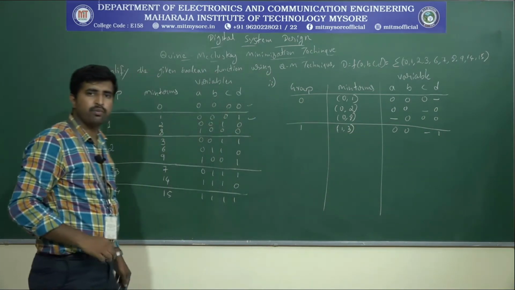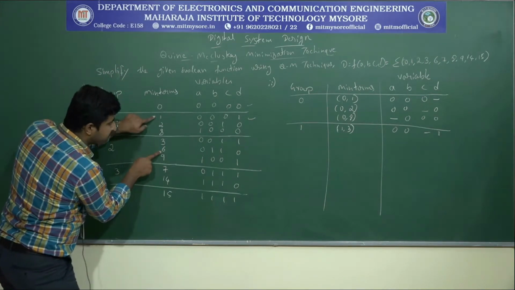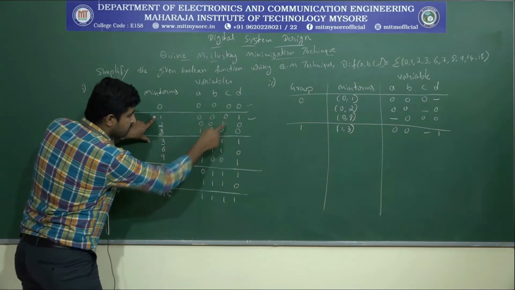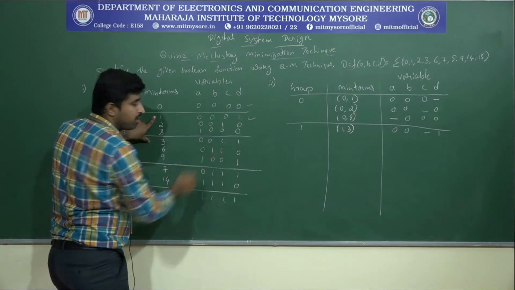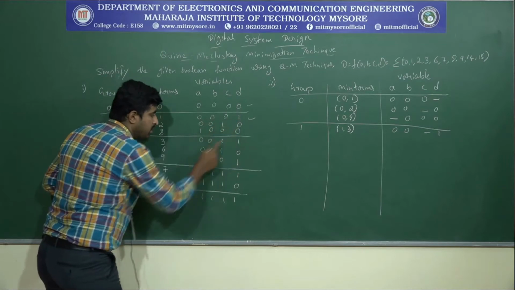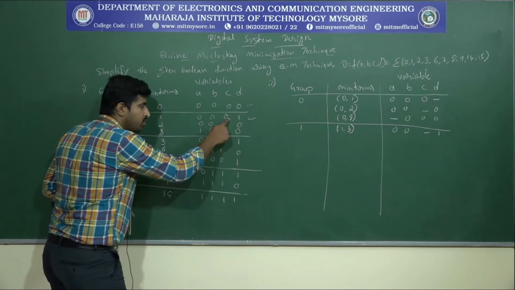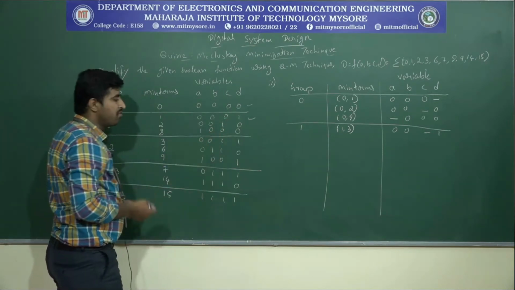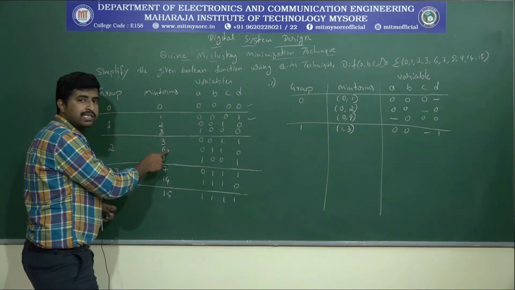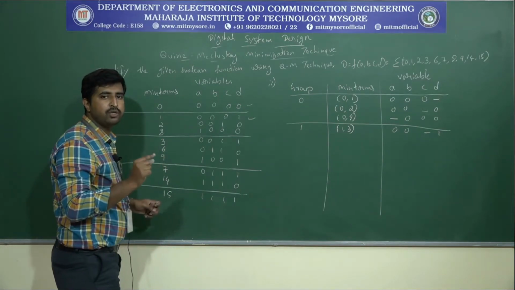Next, 1 will be compared with 6. 0, 0, 0, 1 and 0, 1, 1, 0: the 0 has changed to 1 here, and another 0 has changed to 1 here. So we are not able to group this one, because in grouping only one variable should differ.